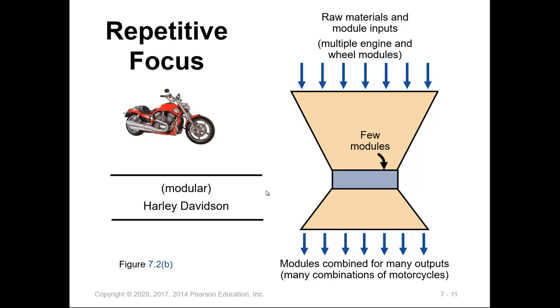The repetitive focus strategy at the Harley-Davidson assembly line takes different modules such as oil tanks, handlebars, wheels, fuel tanks, and many other modules and combines them to create many outputs or many options for motorcycles.